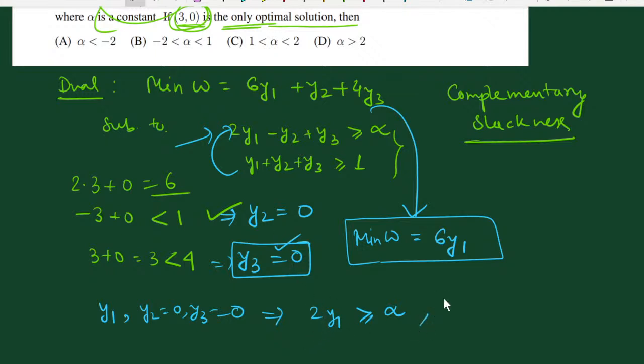If we put it into the second constraint, this gives y1 is greater or equal to 1. So we get y1 is greater or equal to 1.